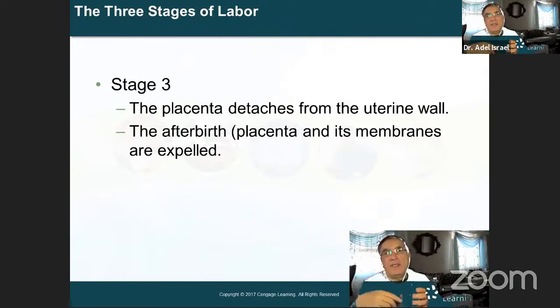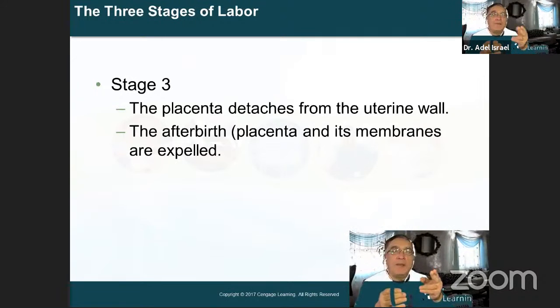What is this clamp? This is attached to the rest of the cord attached to the placenta, and we have to clamp it. Why? Because the placenta is very rich in blood. So if we don't clamp it, the lady will bleed.